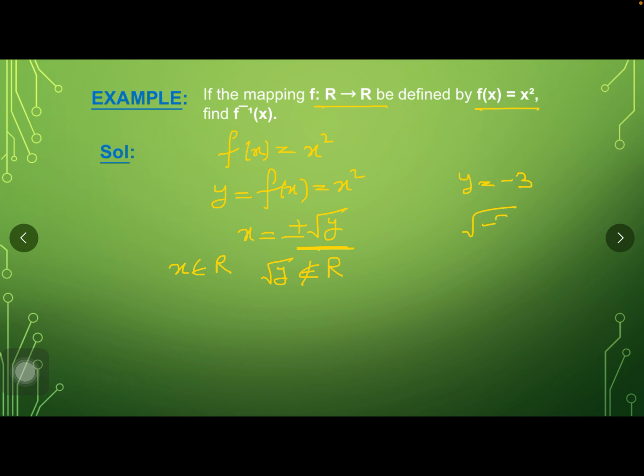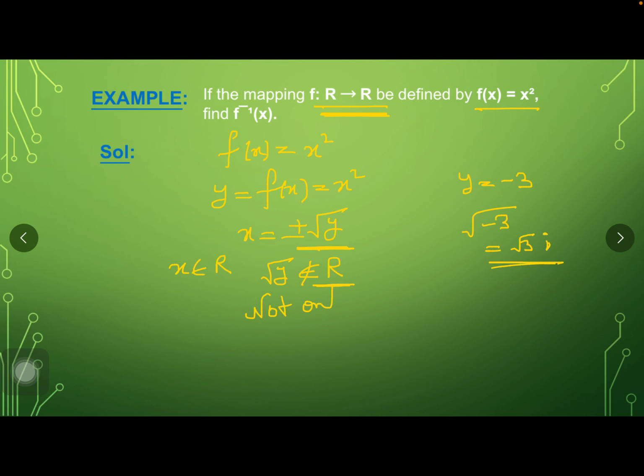Why? Because we can put any value of y, so suppose we put a negative value of y, suppose y equal to minus 3. So what is the square root of minus 3? This will give the imaginary number, right?